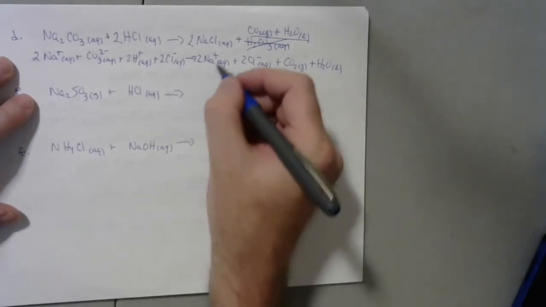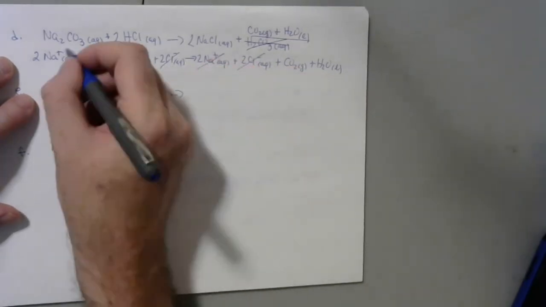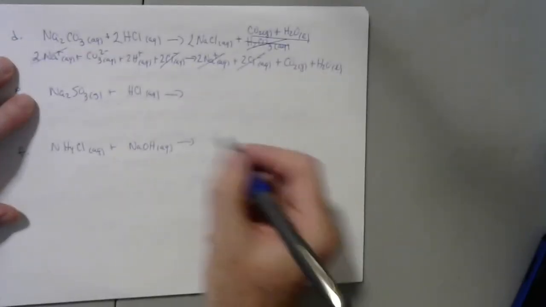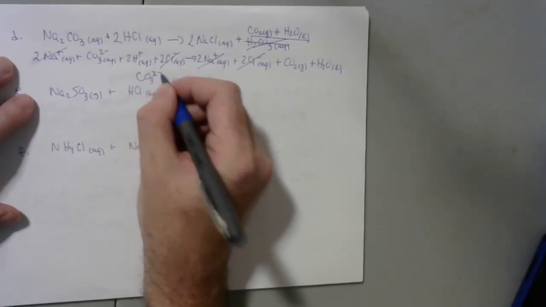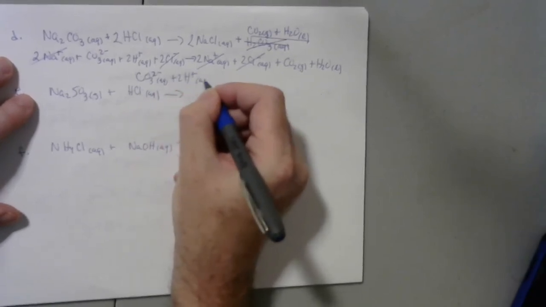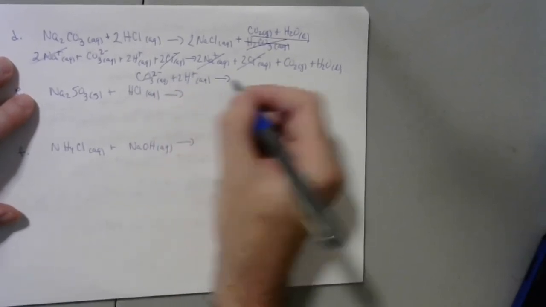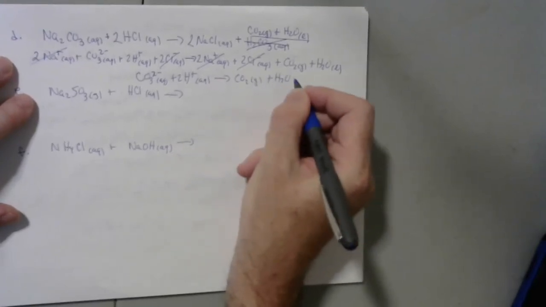Now, spectator ions are in the salt. So all that's going to go away. And so what we're going to be left with is carbonate, CO3 2- aqueous plus 2H+ aqueous reacting to form CO2 gas plus H2O liquid. And that's the essence of what's going on.